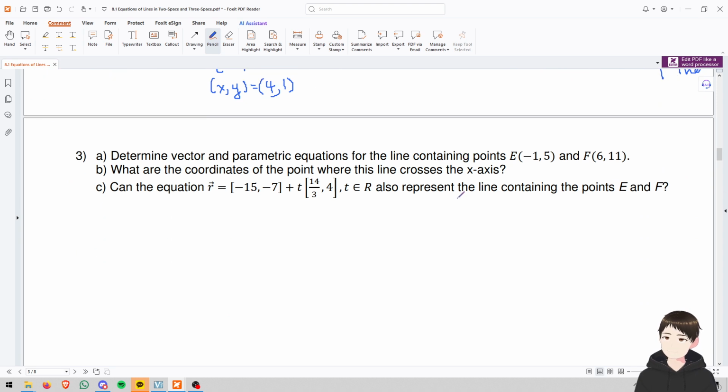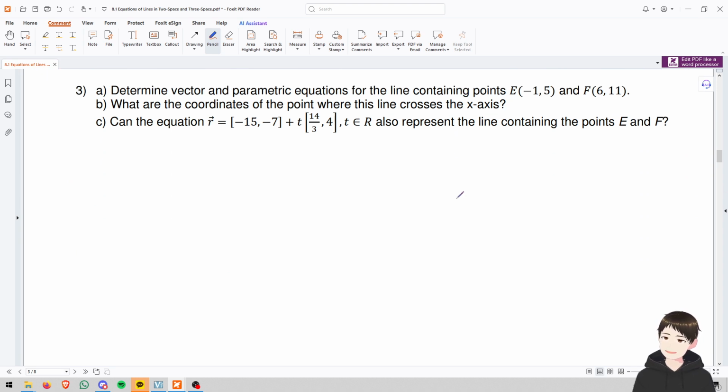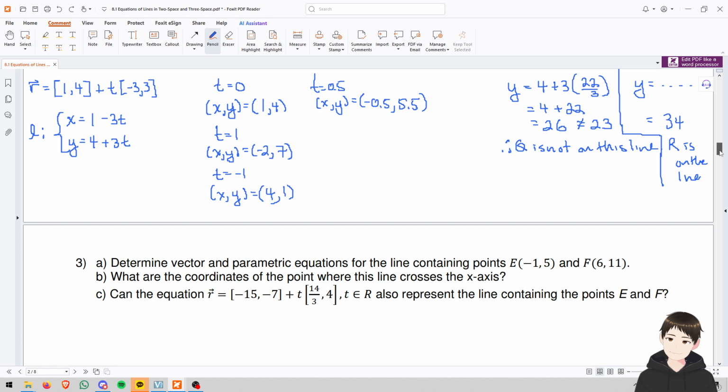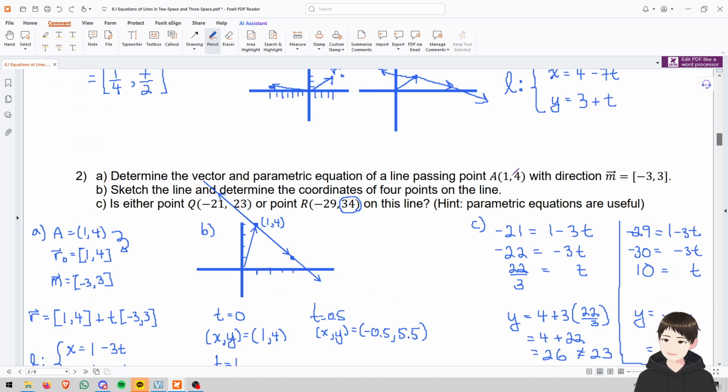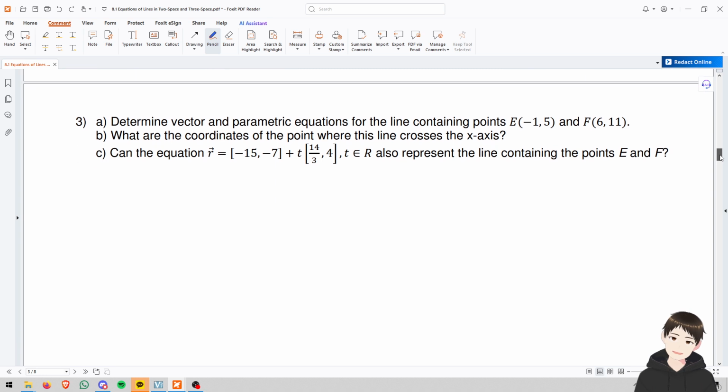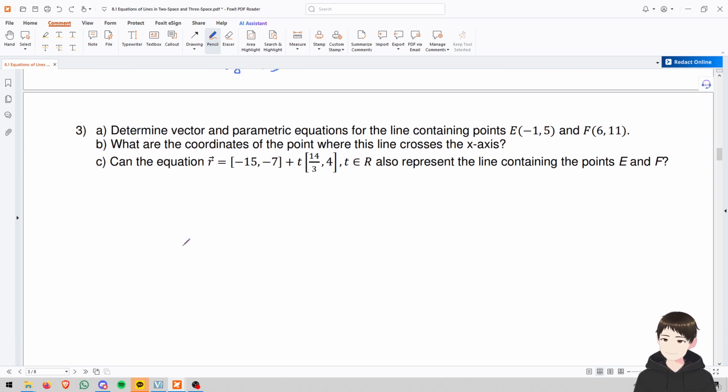Question 3. Determine vector and parametric equations for the line containing points E and F. Okay, so if I have 2 points, you might have noticed, even without me saying anything, if I say, give me a line, you should be able to. Passing through this and a direction of that, all you need is 2 points to find vectors. So here it is.